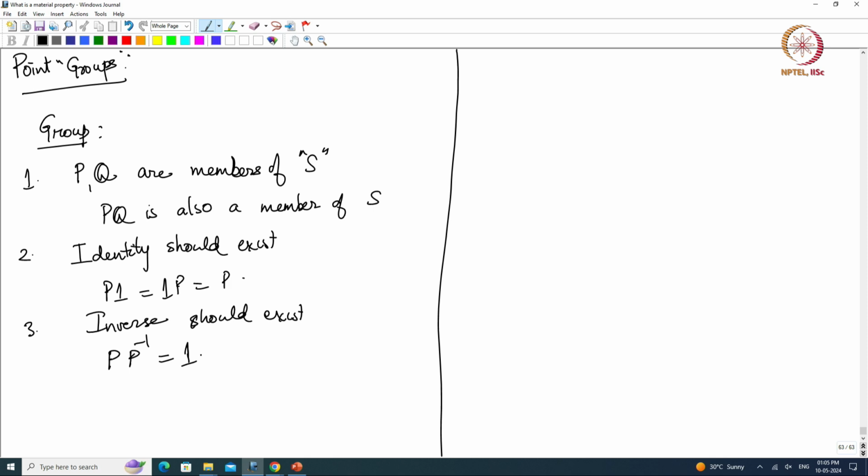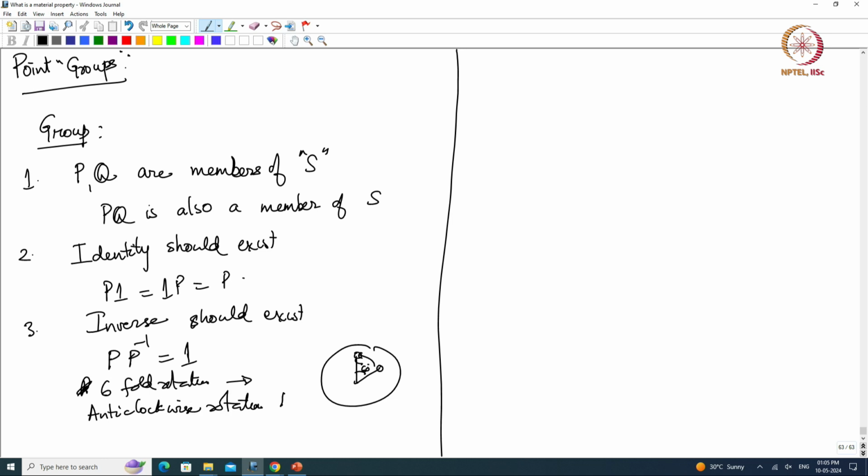So for example, if I take a rotation, let us say 6-fold rotation, I go anti-clockwise by an angle of 60 degrees. Now what is 6 inverse, or what is the inverse of this operation?